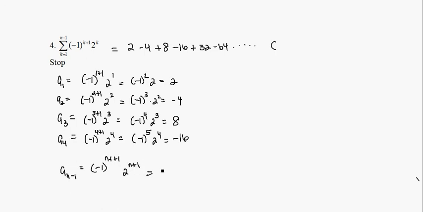So these two cancel out, so it's negative 1 to the n, 2 to the n minus 1. So our last term is negative 1 to the n, 2 to the n minus 1. And that's it.